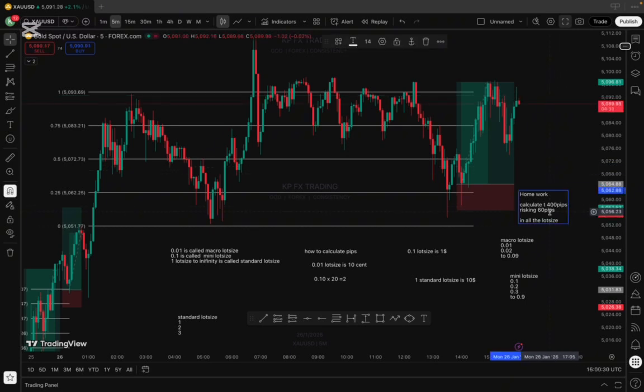Like I said just now, you have to calculate the target of 400 pips by risking 60 pips. So calculate 400 pips target, risking 60 pips in all lot sizes. This is your homework right here.